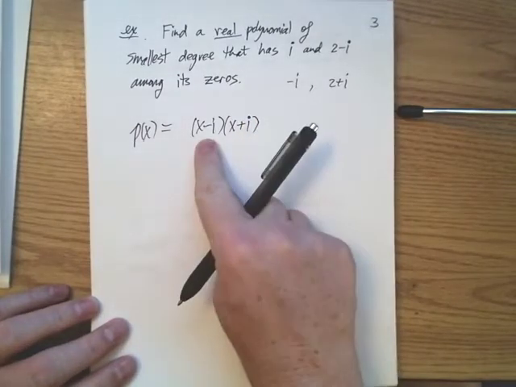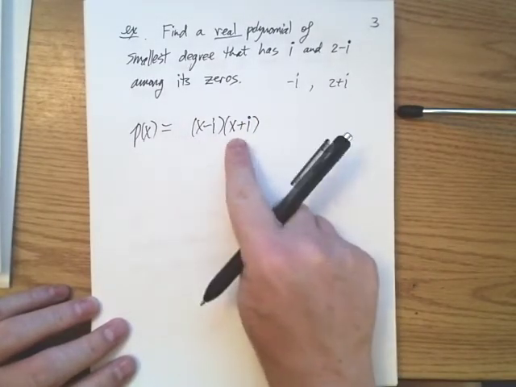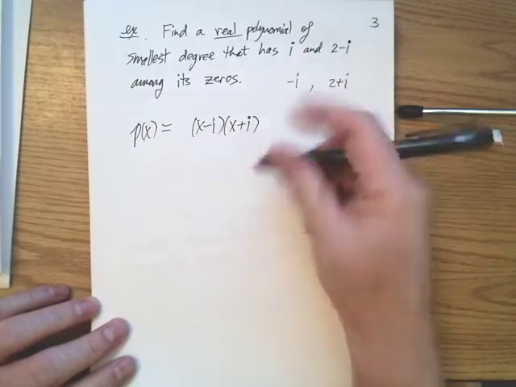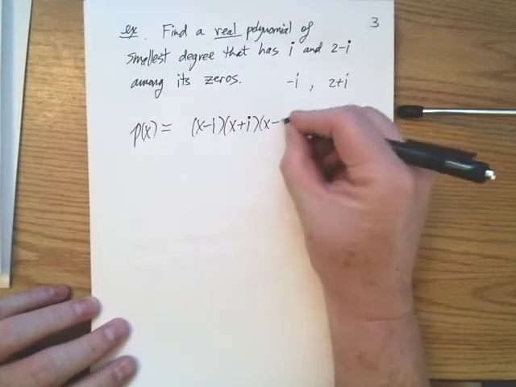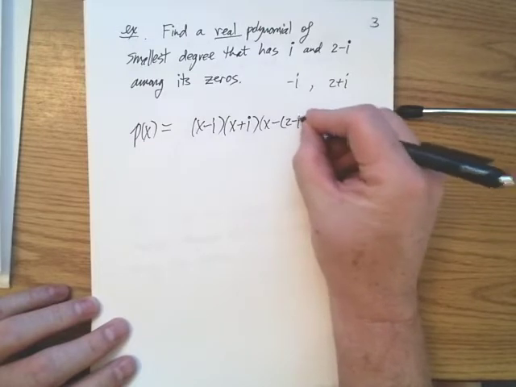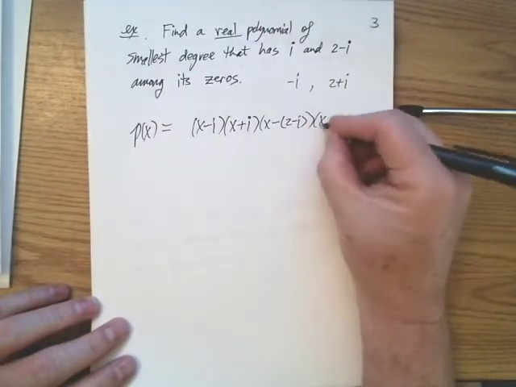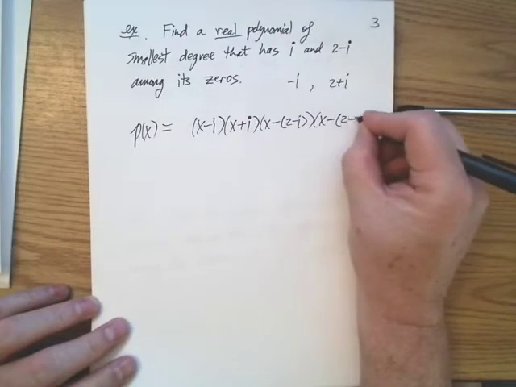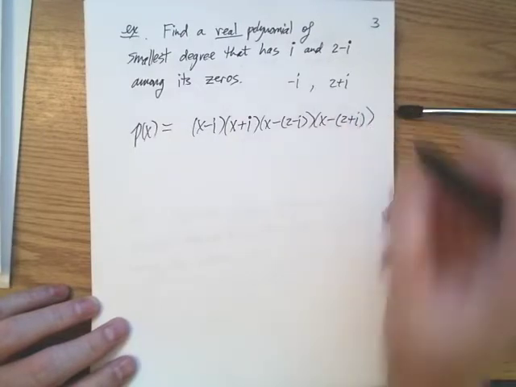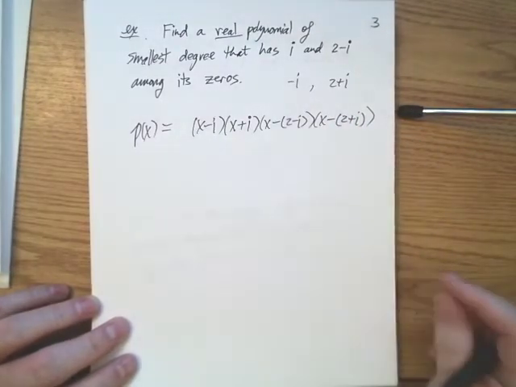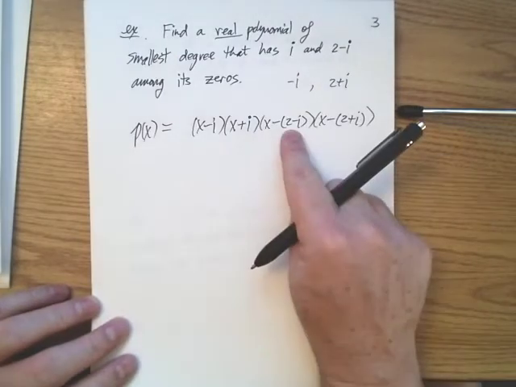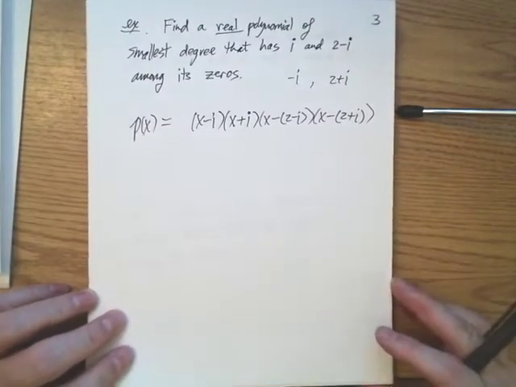Okay? Do you see I get the i out of there when I set that to 0? The negative i out of there when I set that to 0. X minus the entire quantity, 2 minus i. Notice my use of parentheses in there. And then what? X minus its conjugate partner here. Okay? Do you see? I'm setting each of those factors equal to 0. I get what? 2 minus i and 2 plus i respectively.